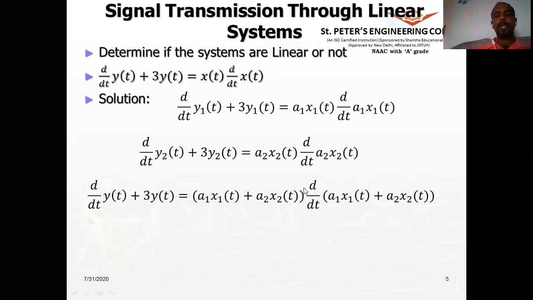Now, when you multiply these two terms, how many terms do we get?